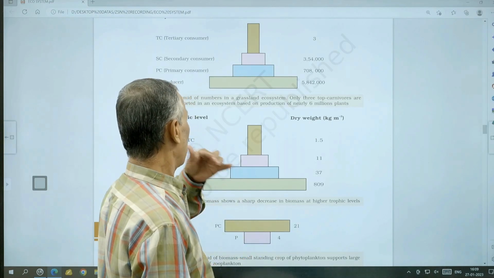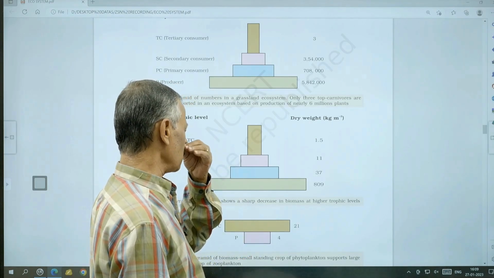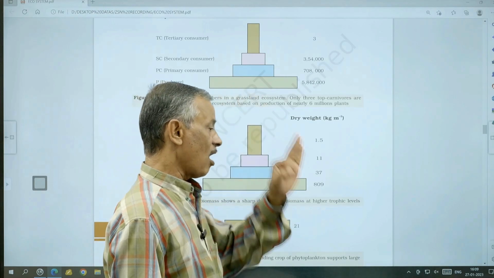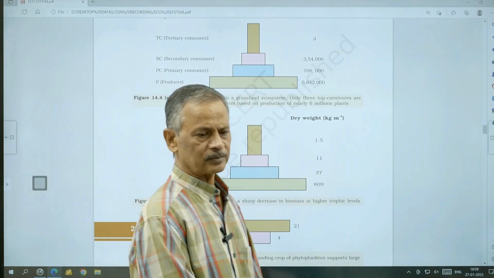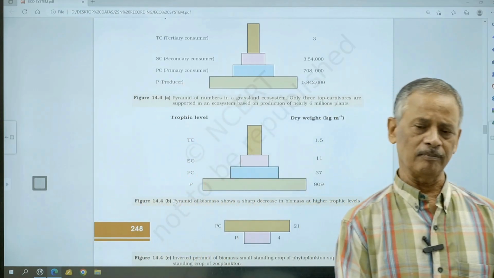So the pyramid of biomass in an aquatic ecosystem is always inverted, but it is generally upright in a terrestrial ecosystem.